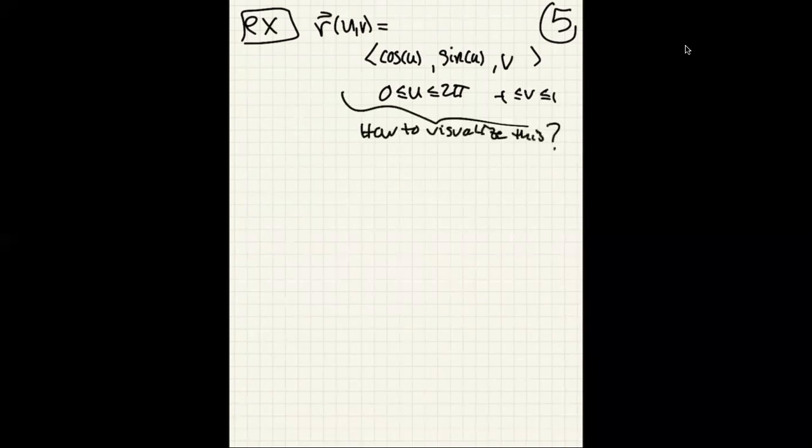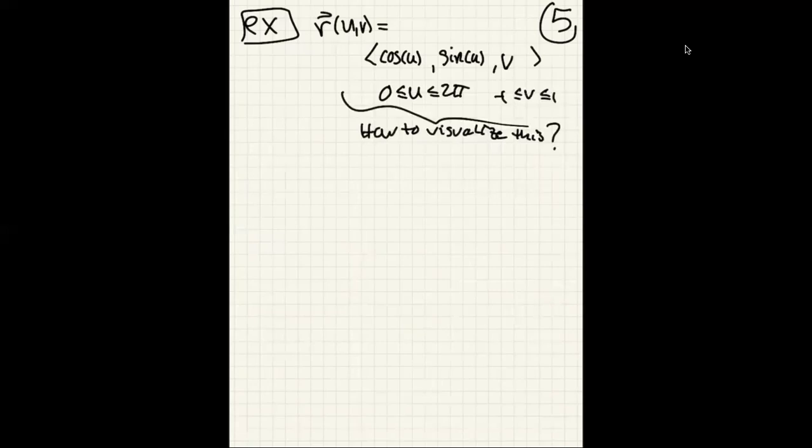I promise that all of you have seen this shape before, but probably none of you have seen it described this way. And to do this, what we'll want to do is hold some of the variables constant and see the curves that it traces out. So I'll show you what I mean.